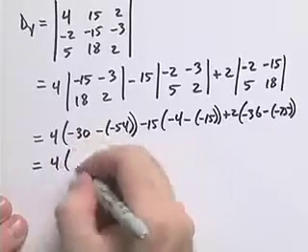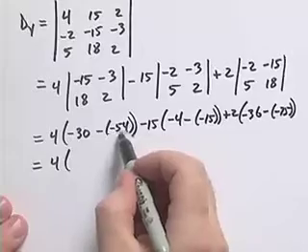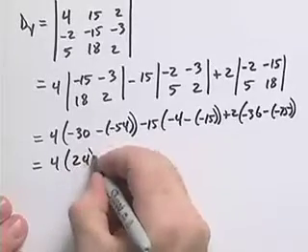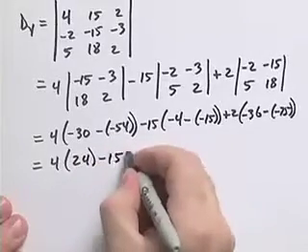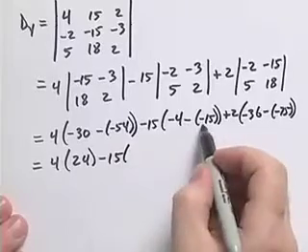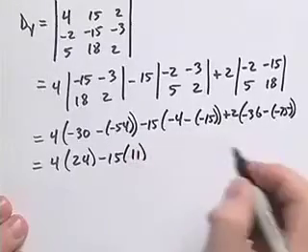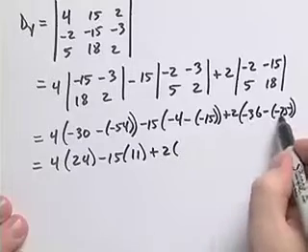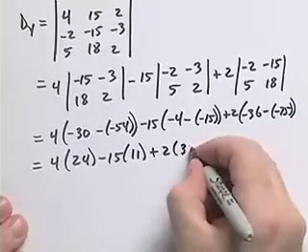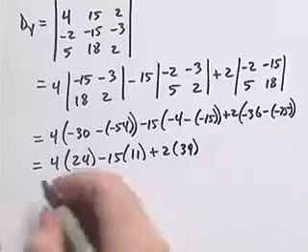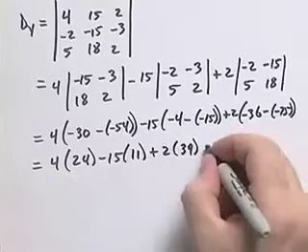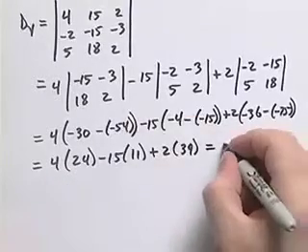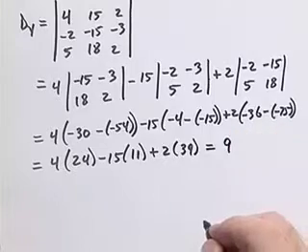So here we'll get 4 times negative 30 minus a negative 54 is going to be positive 24, minus 15 times negative 4 minus negative 15, it's going to be positive 11, plus 2 times negative 36 minus negative 75 is 39. And so if we clean this up, we end up with Dy equal to positive 9.